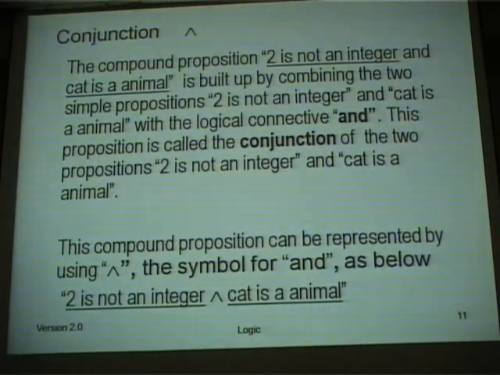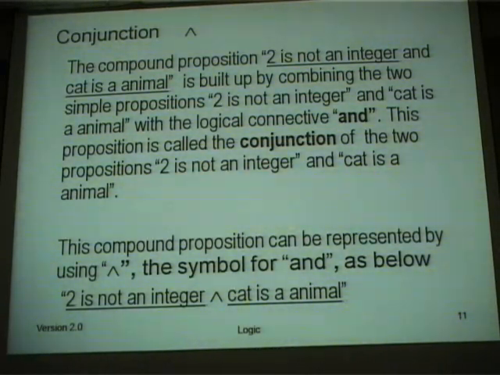Conjunction. This "and" symbol in logic is called the conjunction. Now, how do we read that one? For example, this one: 2 is not an integer and cat is an animal. This compound proposition is in fact the conjunction of two primitive propositions, this one and this one.